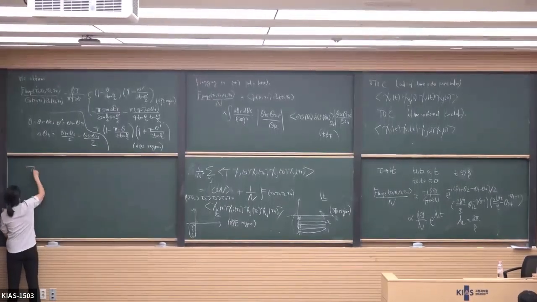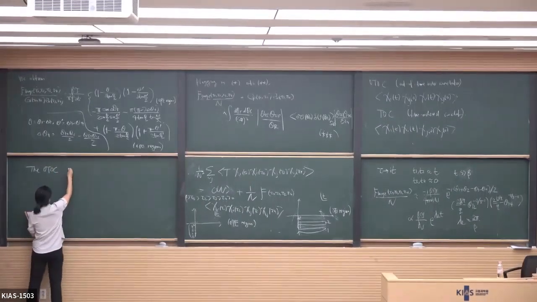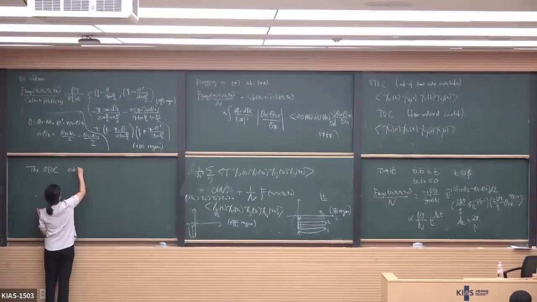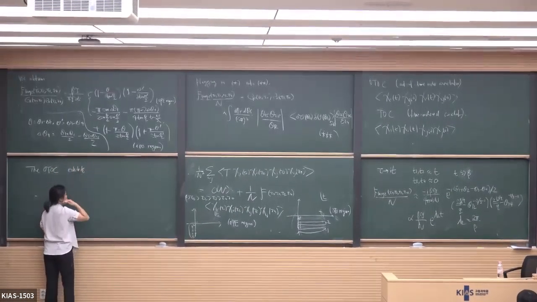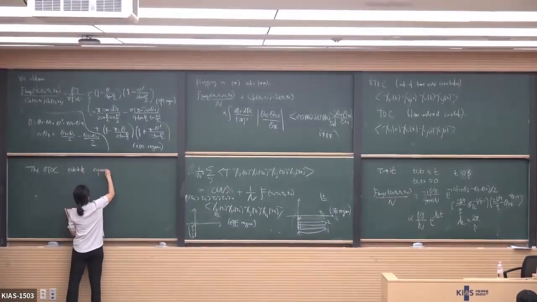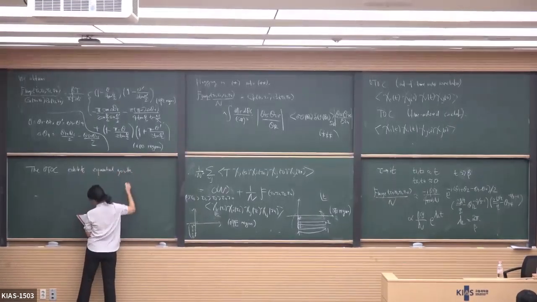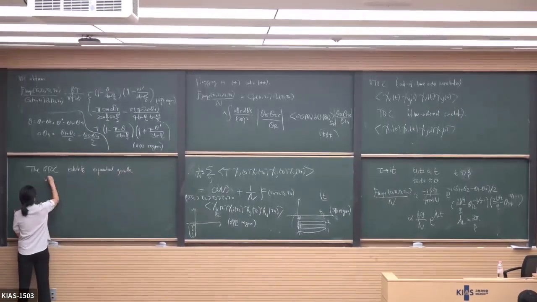So the out of time order correlator, OTOC, exhibits exponential growth in the separation between the times 1, 2, and 3, 4, with a Lyapunov exponent.